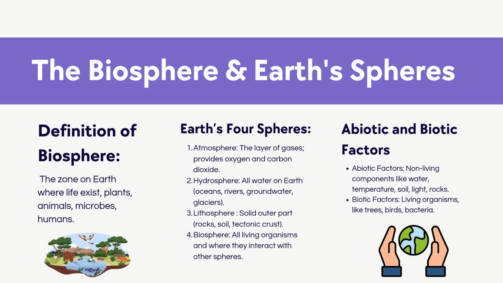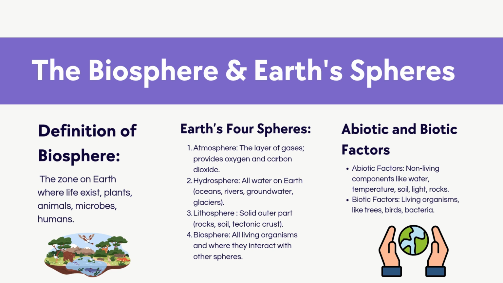It's the air we breathe in. Hydrosphere, remember I told you, anything hydro has water. So hydrosphere is the water, and then lithosphere is anything that is left, rocks and soil and ground. Okay, so the earth has four spheres, and that's what they are called.